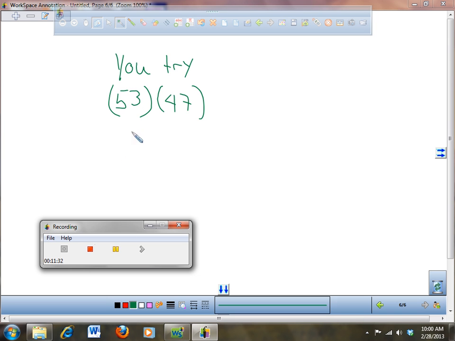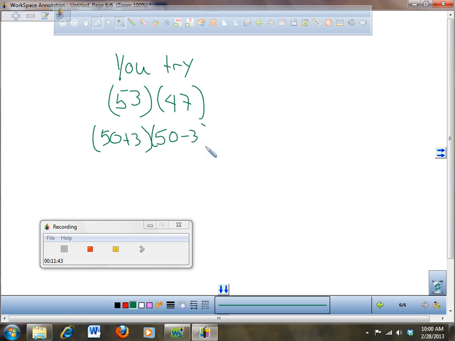You wrote this as what? How do you write 53? 50 plus 3. Nice. And you wrote this as what? 50 minus 3, right? So using the difference of two squares, this would have to be 50 squared minus 3 squared, right?